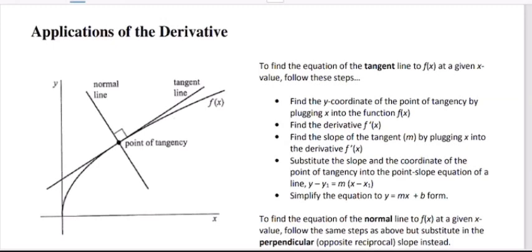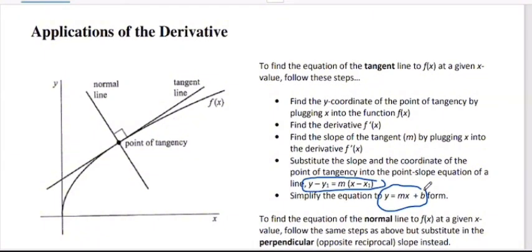Then we substitute the slope and the coordinates of the point of tangency into the point-slope equation of the line, which is y minus y1 equals m times x minus x1, which can also be simplified to y equals mx plus b. We all know that to be the equation of a straight line.